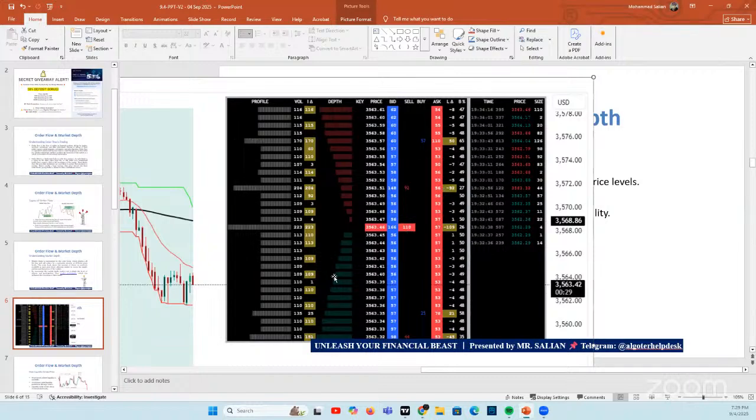So this is the depth of the market. Anything here in the middle, where they meet, is the equilibrium. This is where the current price was at that time, and you will see this moving. Then you will see this profile.